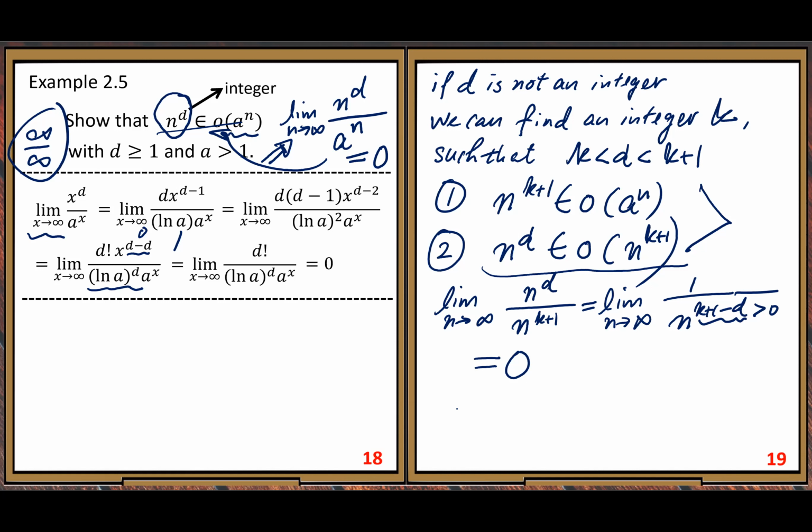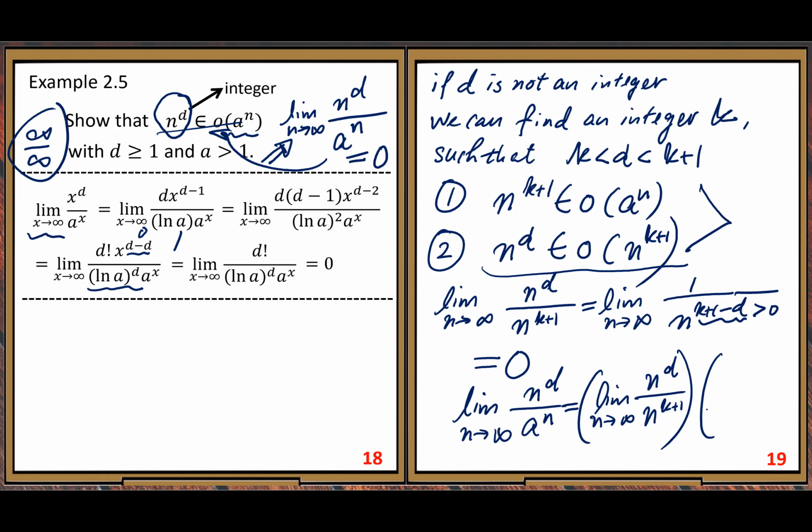Actually you do this. n to the d, if you compare with the exponential function directly, this time you do the product of the limits. n to the d over n to the k plus 1 first, and the second limit, n to the k plus 1 over a to the n.